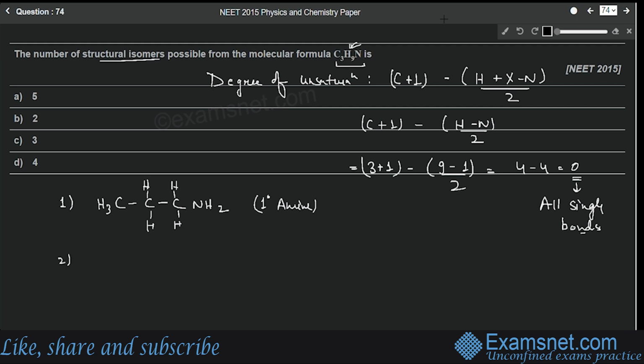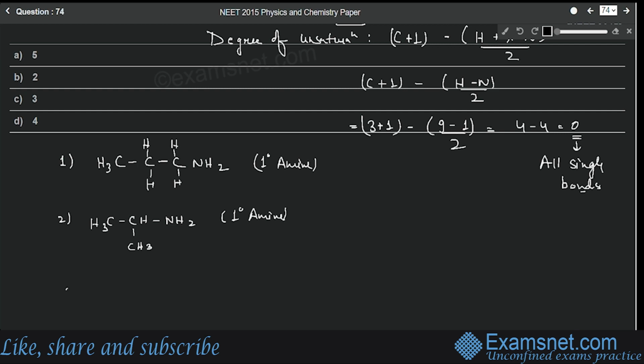Then one more type of primary amine can be formed: CH3, CH, with a methyl group attached to this carbon, and then NH2. This is also a primary amine, that is a 1 degree amine. Then a secondary amine can be formed: CH3, NH, CH2, CH3. So this is a secondary amine.